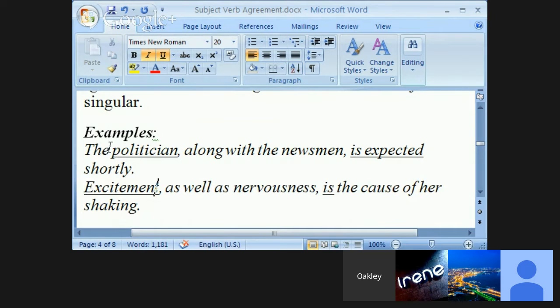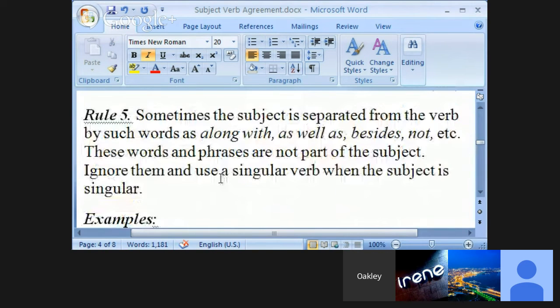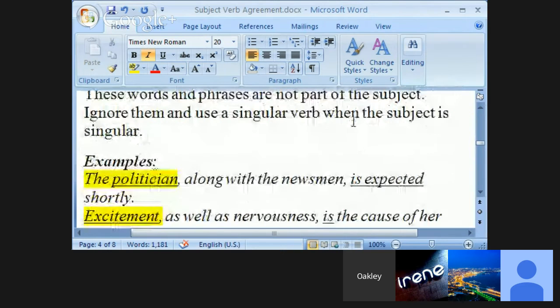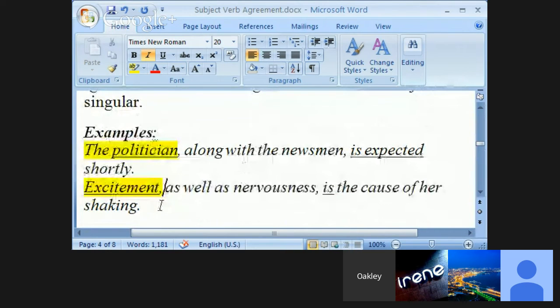So here, the politician is your subject noun, and of course here's your verb, passive verb, but okay, fine. Here, excitement. So sometimes you will see phrases that start with these types of adverb phrases. Okay.